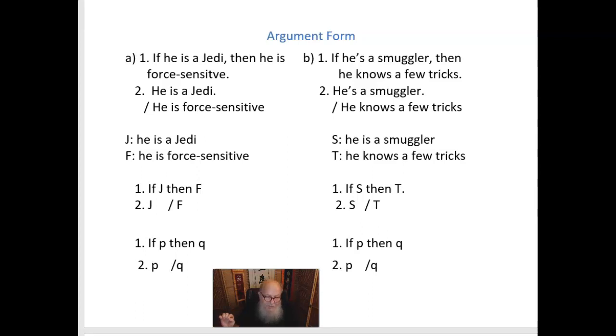A substitution instance of an argument form, again, is the argument that results from uniformly replacing the variables in the form with propositions or proposition forms. Remember that when we use constants, we're only creating a shorthand for expressing the propositions. So really what this means is, if he's a Jedi, then he is force sensitive, but I'll just put the J and the F there to make it simpler to manipulate.